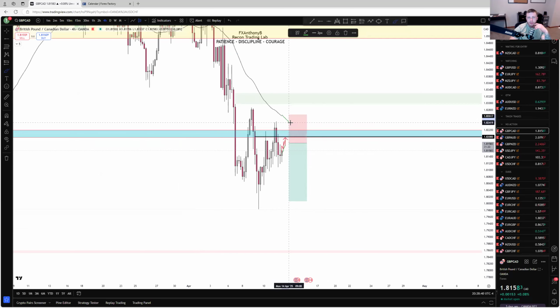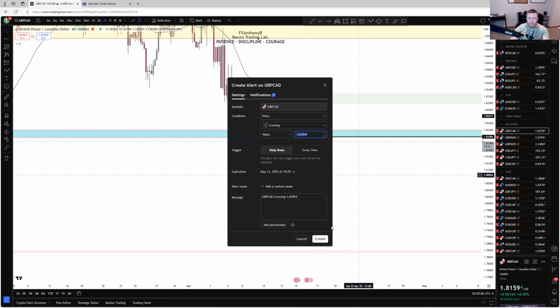It might be slowly starting to loop it, but ultimately our 4 hour is still coming down. Once we get the cross and then the shift to structure, we get the entry signal here, and then we ride this bad boy down. So that is what I like on this. I will be waiting for an entry.